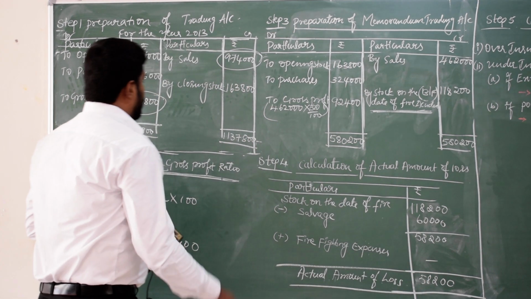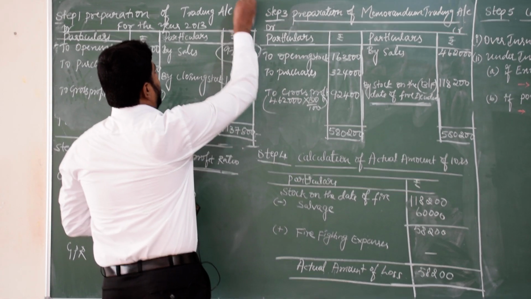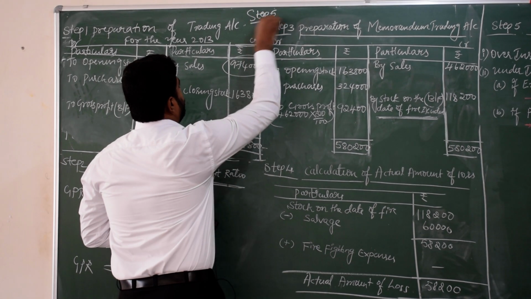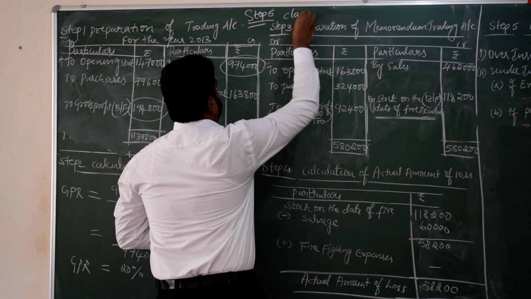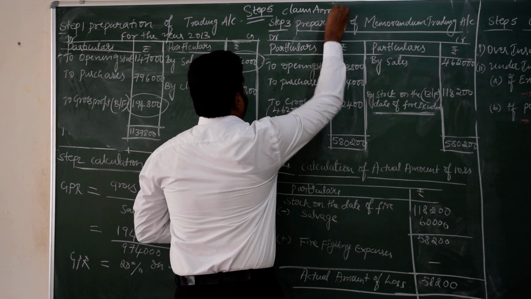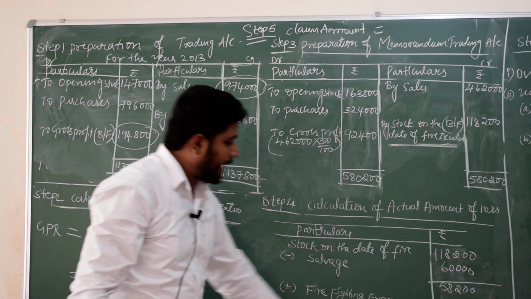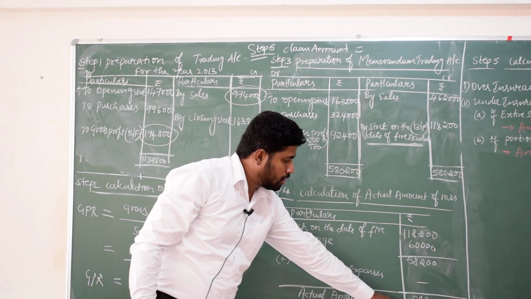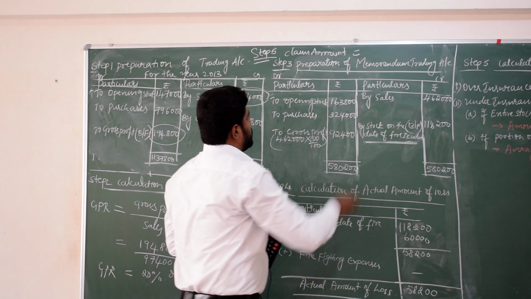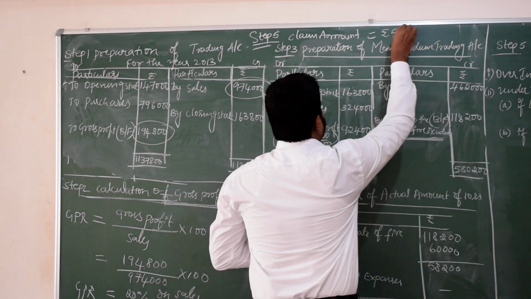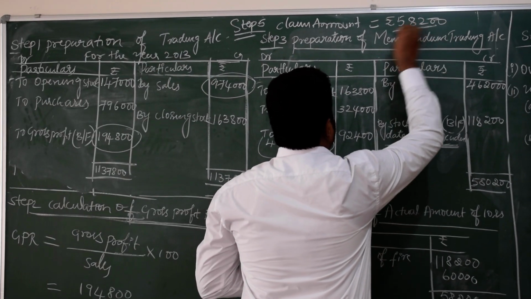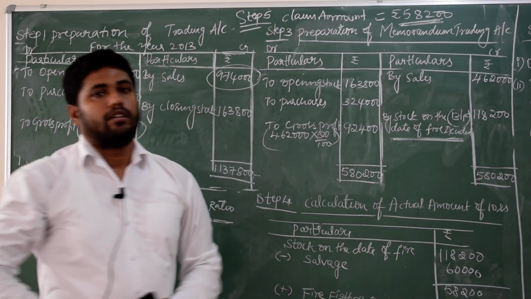So step number 5, claim amount. Claim amount will be same as actual amount of loss. Here actual amount of loss is 58,200. Rupees 58,200. Okay, thank you.